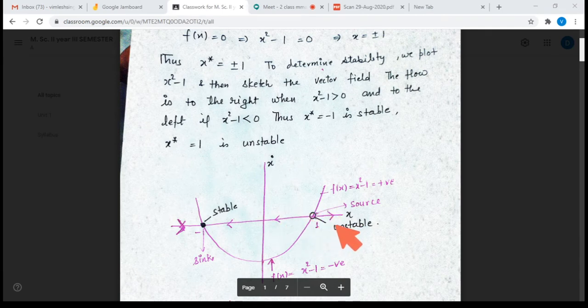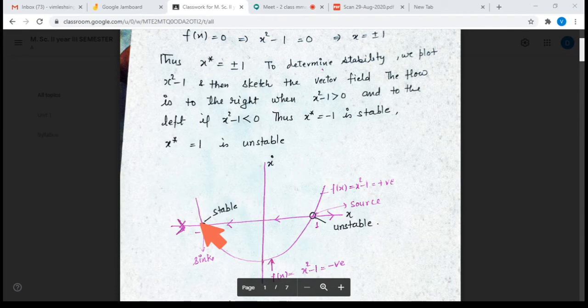It means the flow is away from the fixed point. We get a blank circle, which shows that it is a repeller. These two arrows show that this point is a repeller, meaning an unstable fixed point. At x equals minus 1, the first arrow goes towards the fixed point and another arrow also goes towards the fixed point.